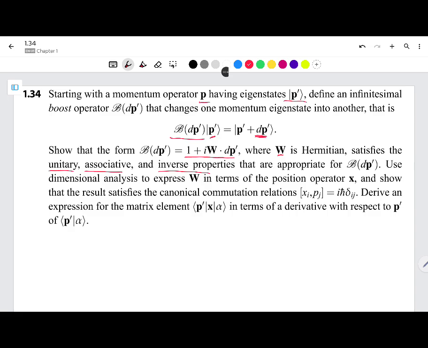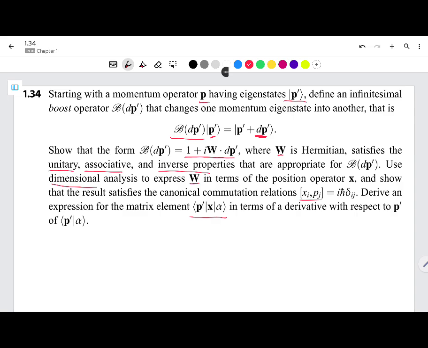And then we need to find the W explicitly using dimensional analysis, and later we'll show that this relation holds, and later we will derive the matrix element of this type of product.